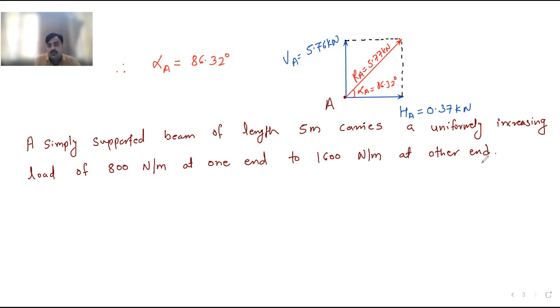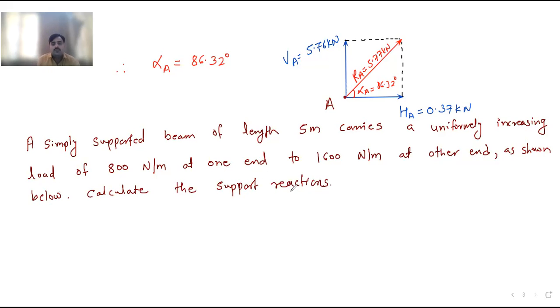Okay, so the intensity of load you can see at one end is 800 Newton per meter and at the other end it is 1600 Newton per meter.